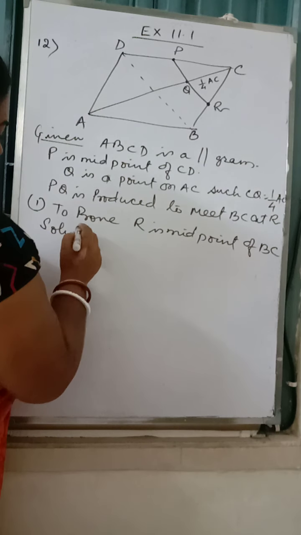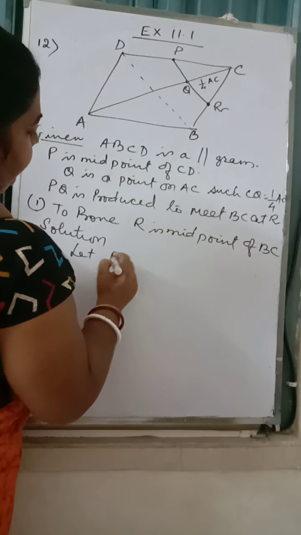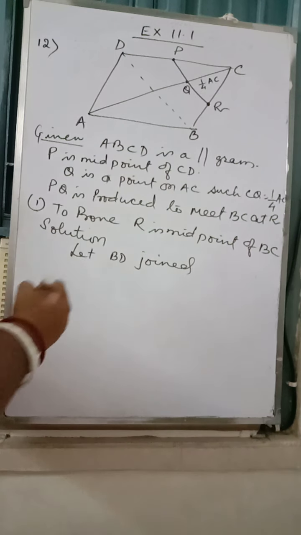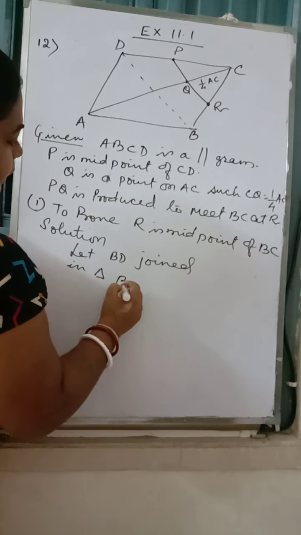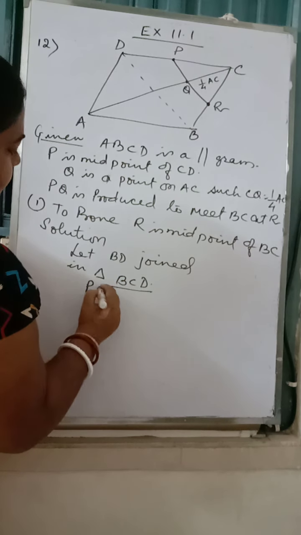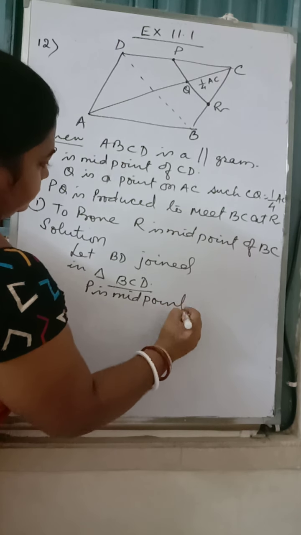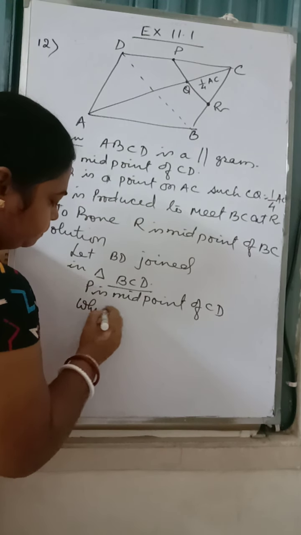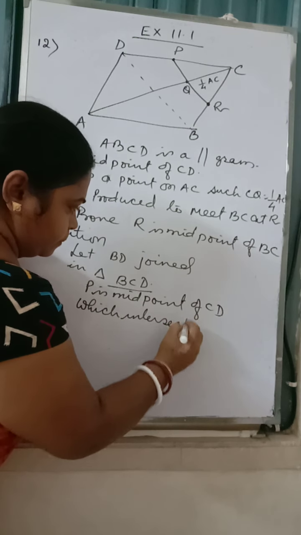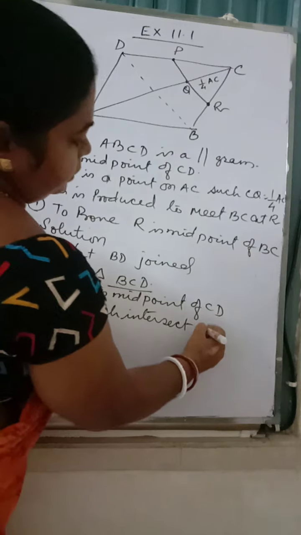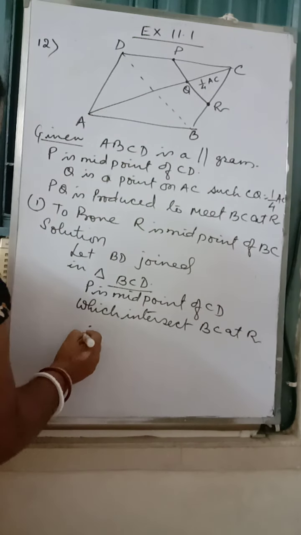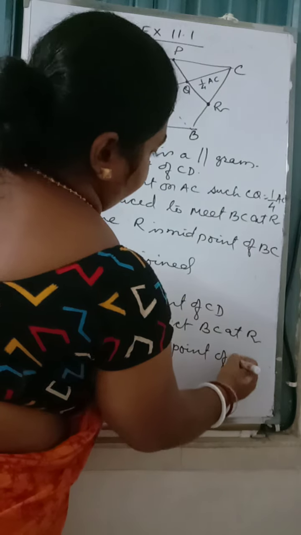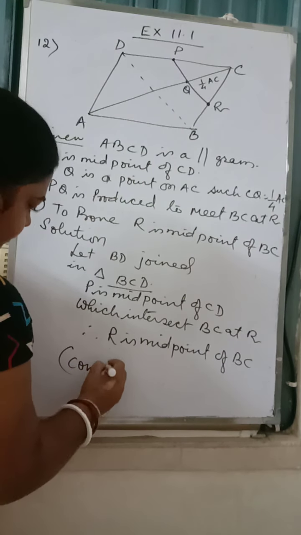Now solution, let BD be joined. Now in triangle BCD, P is a midpoint of CD, and PR intersects BC at R. So R is midpoint of BC according to the converse of midpoint theorem.